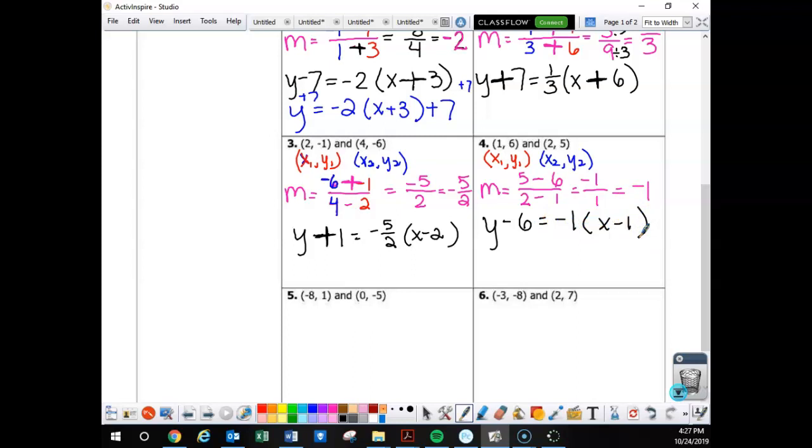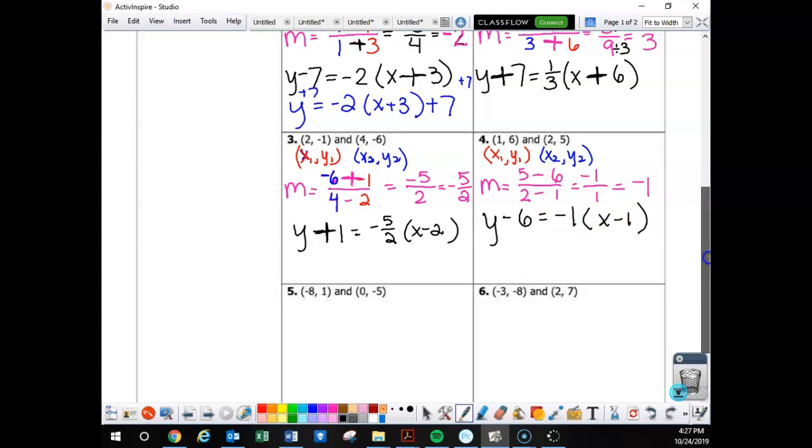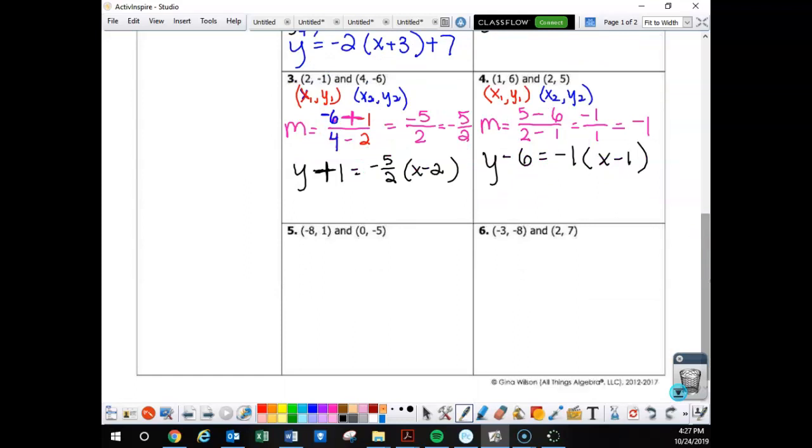Now, let's say I want to turn these into slope-intercept form, y equals mx plus b. The way you have to do that is you distribute this negative 5 over 2. So y plus 1 equals negative 5 over 2 times x, and then negative 5 over 2 times negative 2.